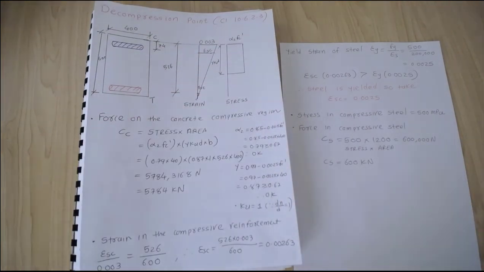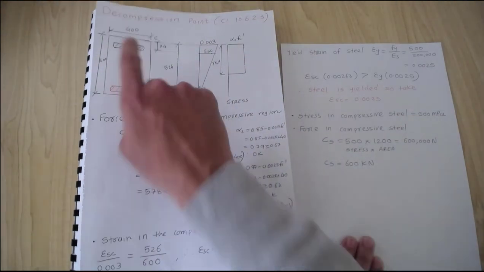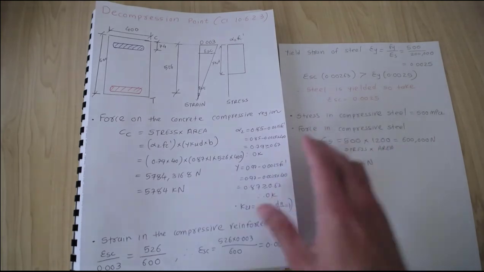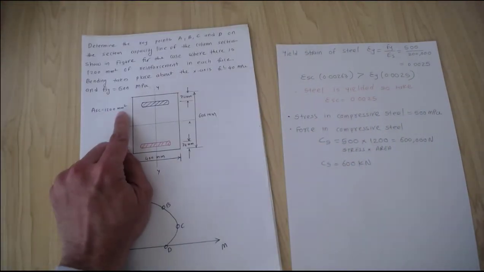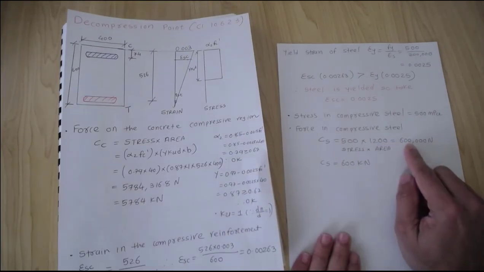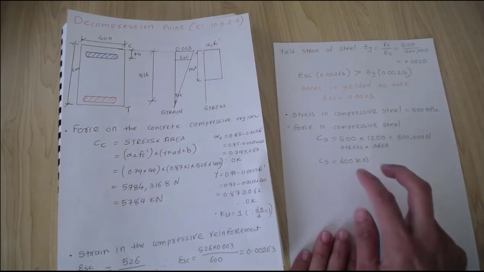Once you have this 500 megapascal stress, stress times area gives me the force in this steel. The area is 1200 square millimeters, given in our example. Substituting that gives me 600,000 newtons, divided by a thousand to get it in kilonewtons.